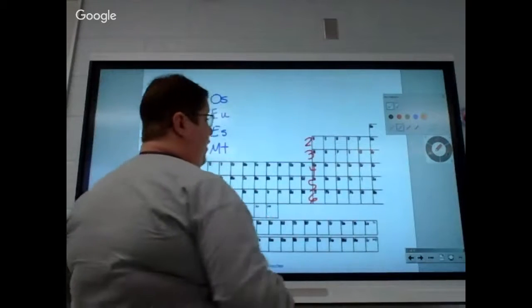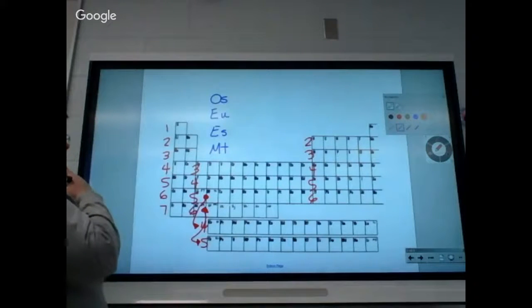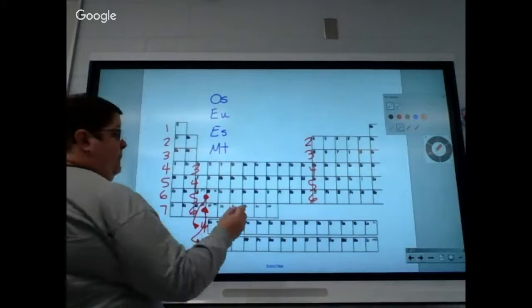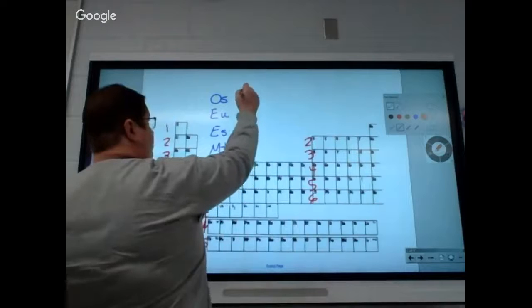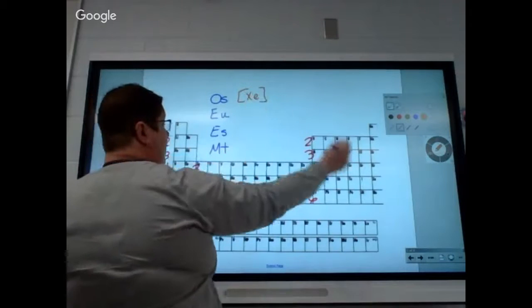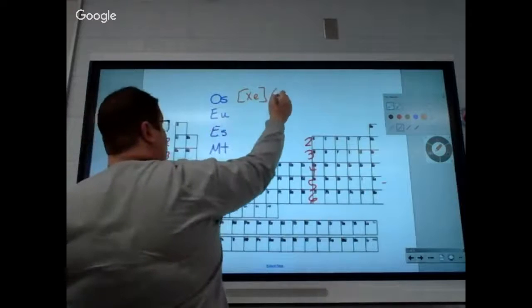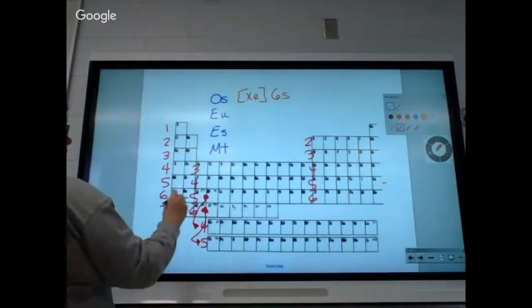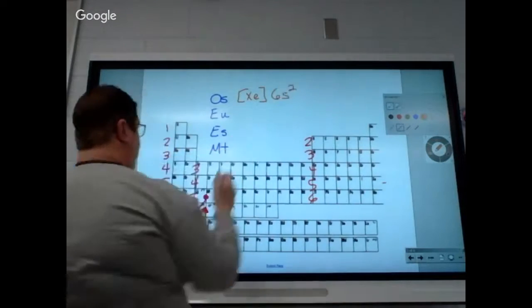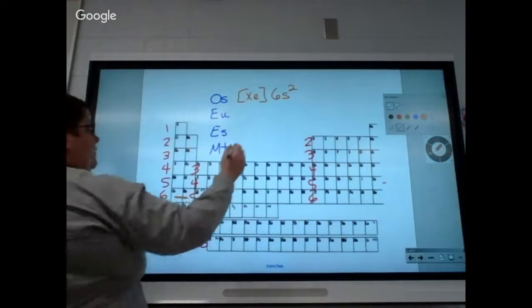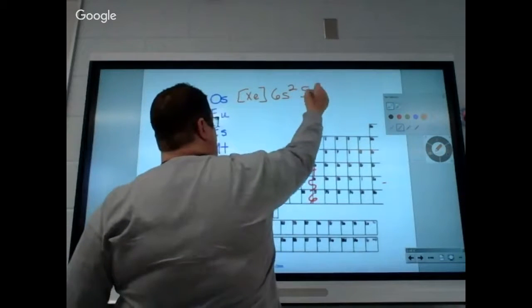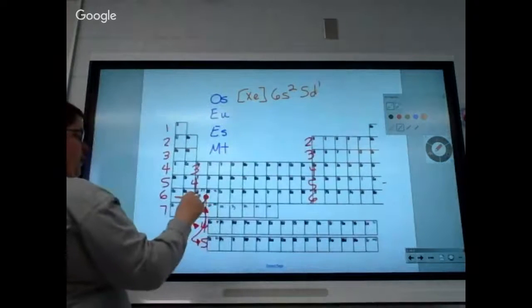All right, so if we have OS, what noble gas is before OS? XE. All right, what comes after XE? 6S. 6S, how many? 2. And then what comes after it? 5D, how many? 1. After we do 5D1, where's the dot send us?